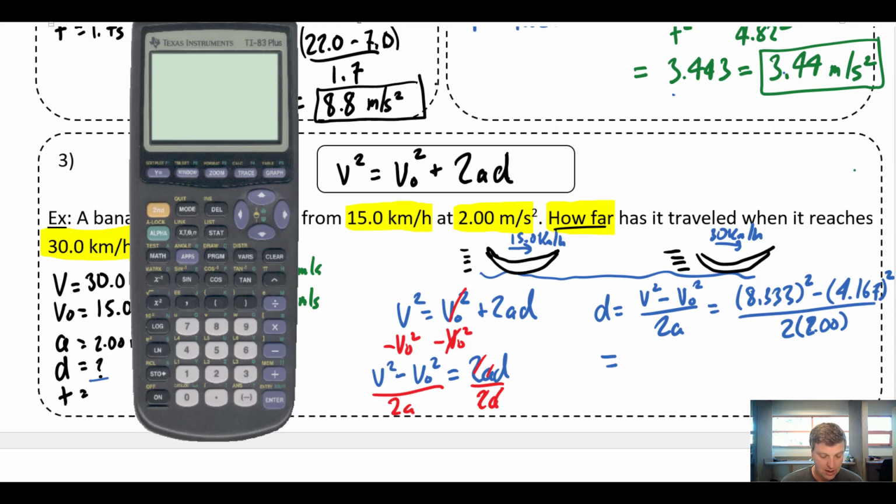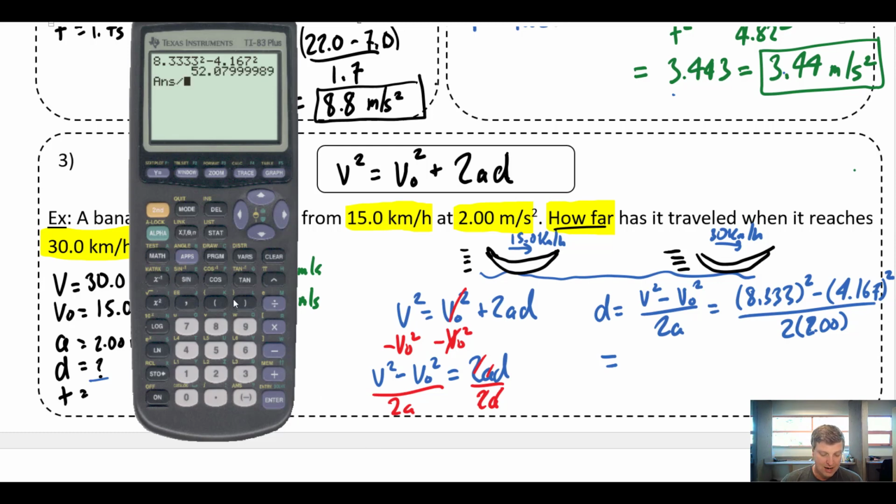So I'm just going to do the numerator first. So 8.333, I'm going to square that, I'm going to subtract 4.167 squared. I'm just going to hit enter. So now I know that's what the top equals.